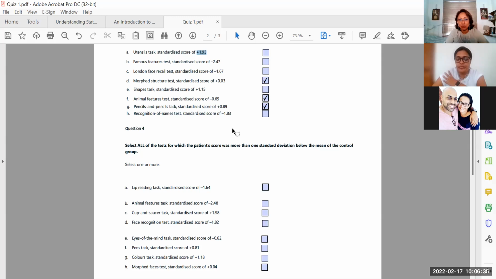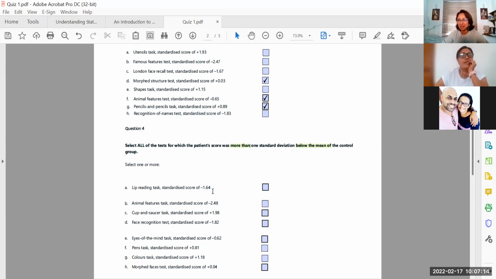All right. Now, the same narrative should be working for question 4 also. Select all of the tests where the patient score was more than one standard deviation below the mean of the control group. Do we know to take out all the pluses?